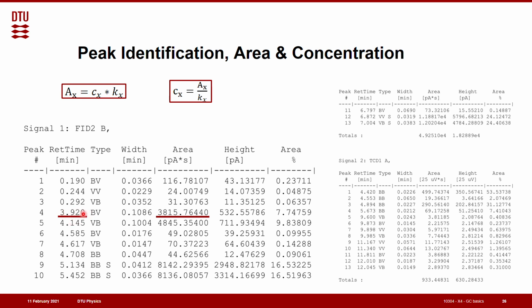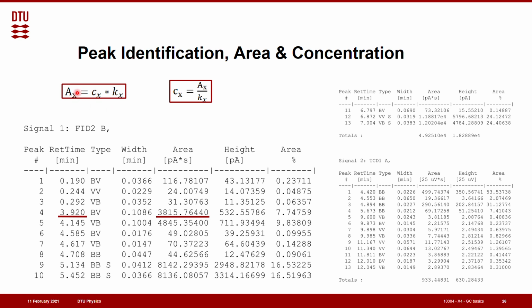It can be perhaps slightly more or less, but it's around 3.9. It's not suddenly 4.5 minutes or something. And we know that the integrated area is proportional to the amount of compound in the sample. So in this case, the number of moles of CO in our small sample.